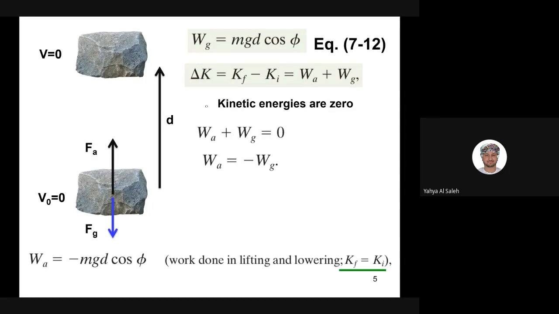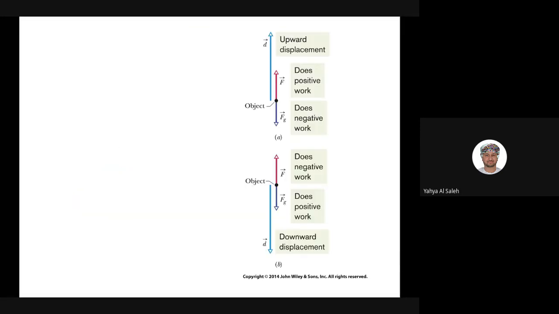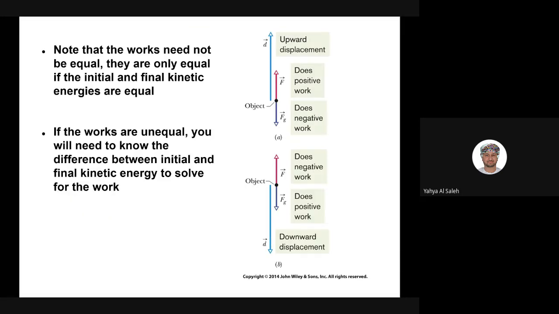We have what is called potential energy. So when we are lifting the rock to a different height, it's like we are storing energy in it that we can use later on. But we'll come back to this in a second. Note that the works do not need to be equal.